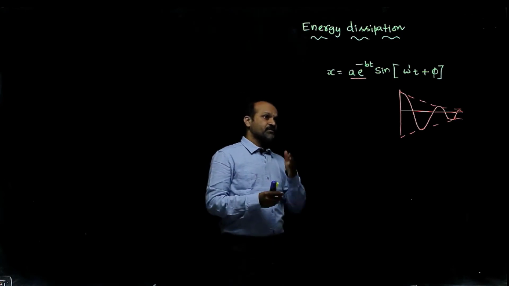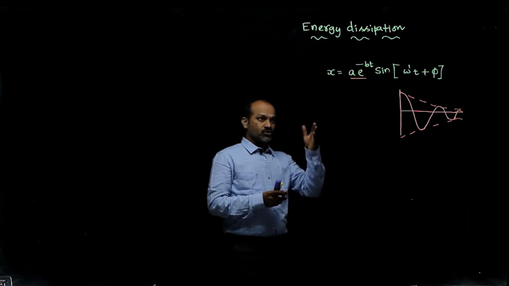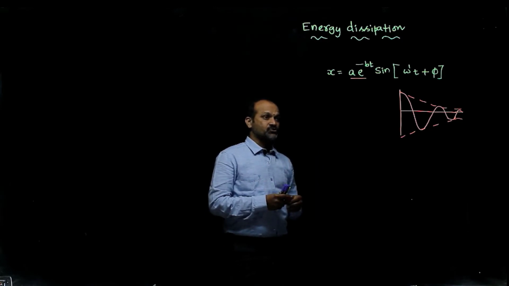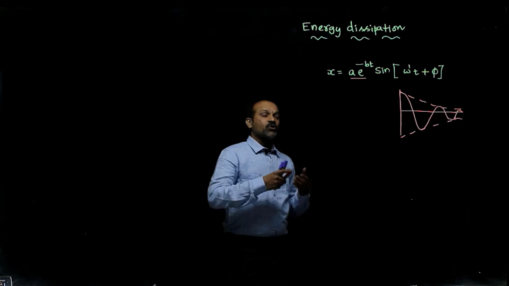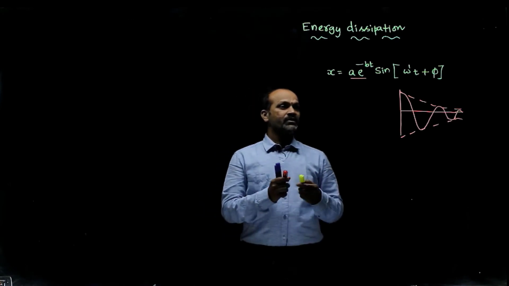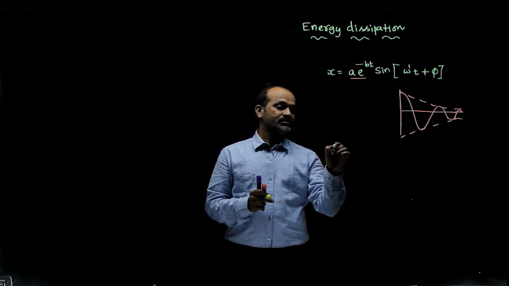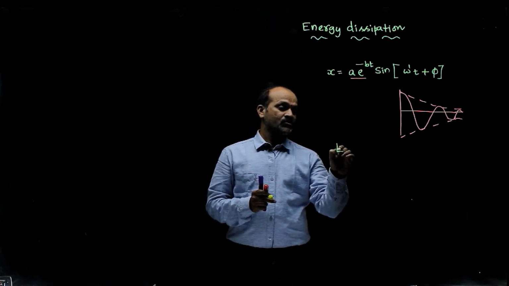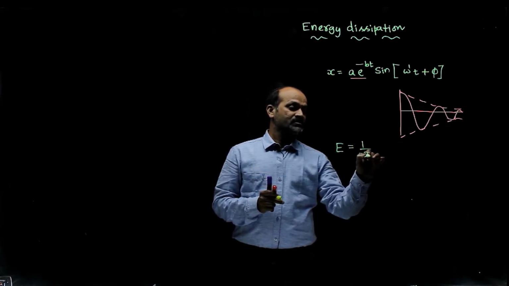With time, the amplitude is decreasing, and there is to and fro motion, harmonic motion. So here the total mechanical energy of the damped harmonic oscillator we can write as the sum of kinetic energy and potential energy.